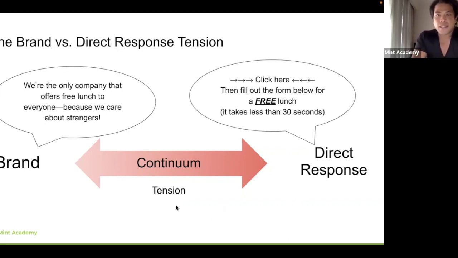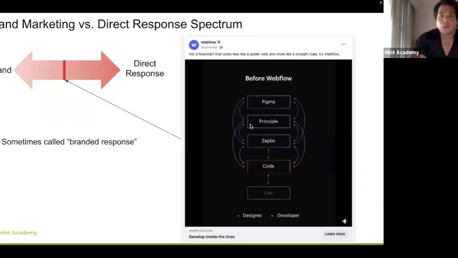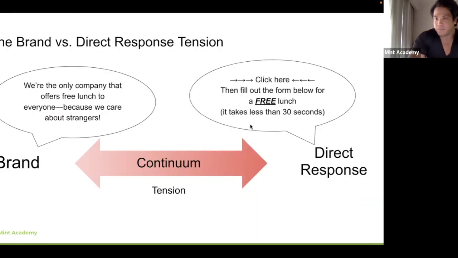The reason that you can't be on both ends is because getting somebody to take an action requires you to be a little bit pushy. And so if you are a little bit pushy, you do take away from the brand side of things, which offers value without anything in return. So you can be in different parts of this continuum.